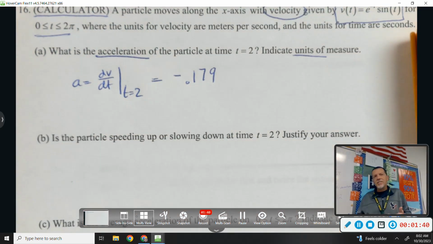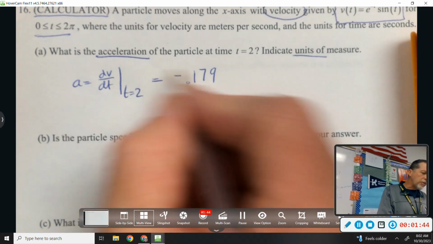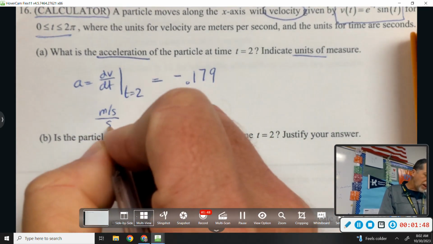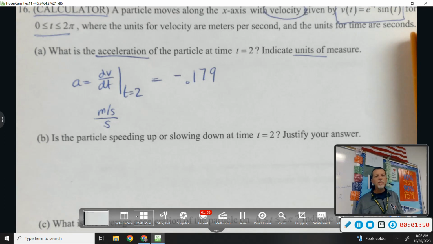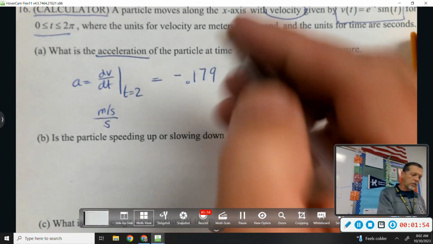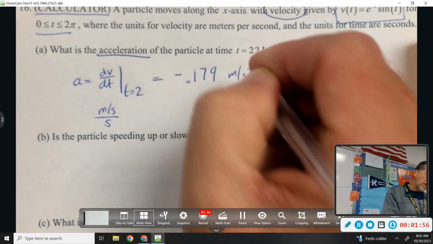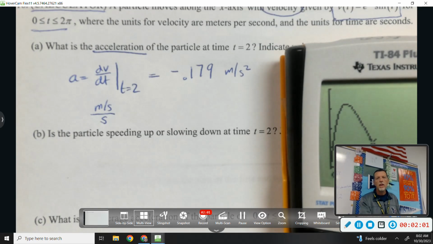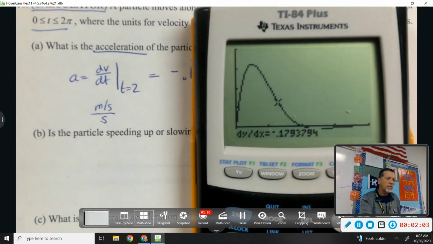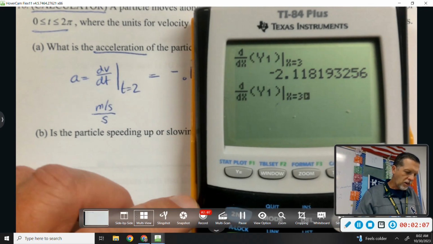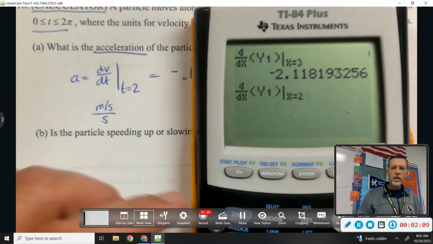Hopefully you've had physics enough to remember that acceleration is meters per second squared. But even if you forgot that, velocity is meters per second and time is seconds, so even if you have to figure it out from this formula, that's fine too. Meters per second squared. Some of you are doing this on the main screen, which is also fine.